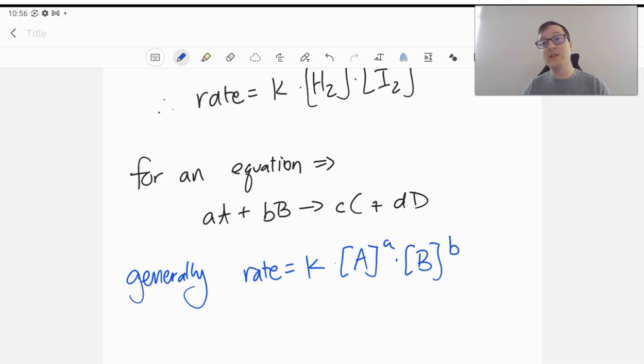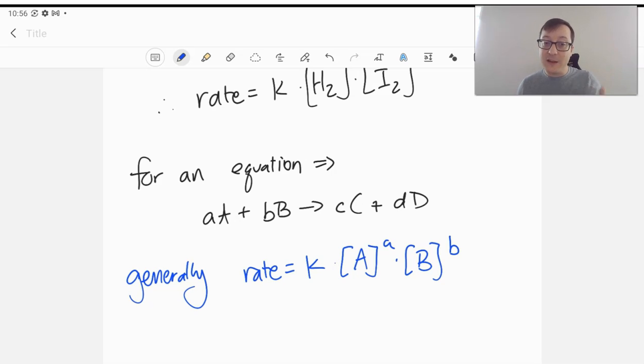However, as we saw with Hess's law way back in Gen Chem 1, reactions can be combined, right? We saw that if we take two reactions, we can put them together to make an overall reaction. And so, unfortunately, we really care about rate laws for individual steps. We don't care about rate laws for overall reactions.